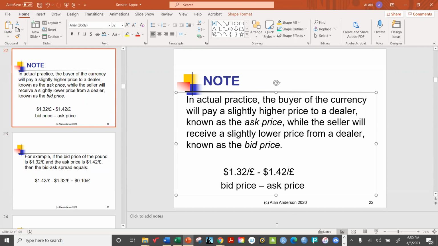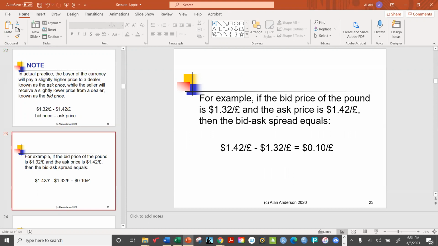Now, the difference between these two is often referred to in finance as the bid-ask spread. Okay, the difference between the two is the bid-ask spread. That's how you can tell how much profit they're making. Now, the size of that bid-ask spread depends on the size of your transaction.